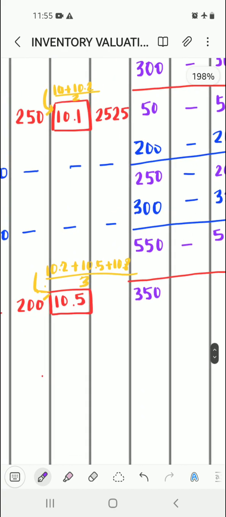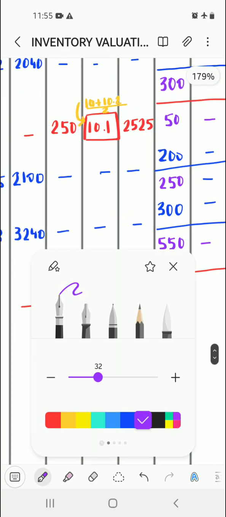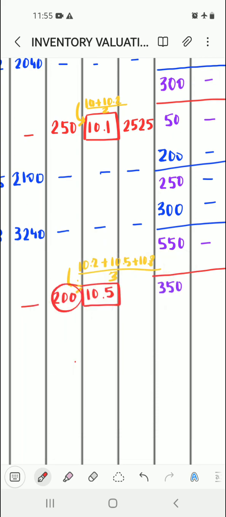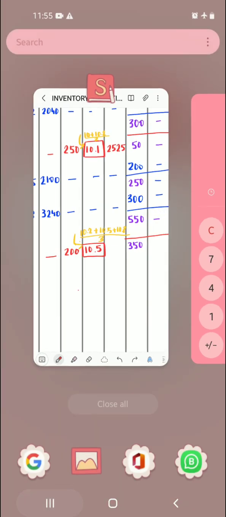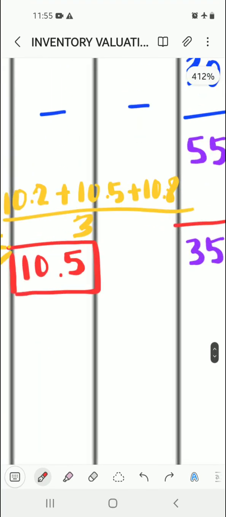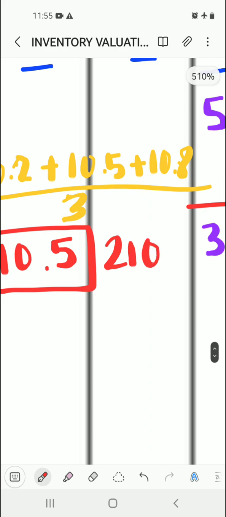Now see, if we multiply 200 and 10.5, multiplying these two, 200 into 10.5, we get 2100, which we are going to write it here at this place, 2100.